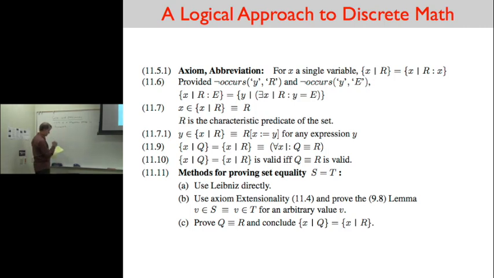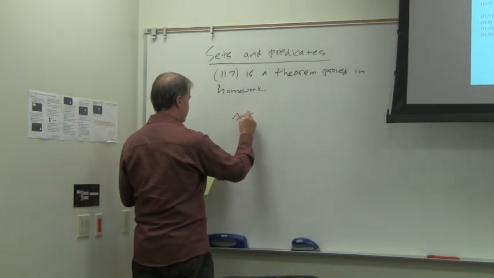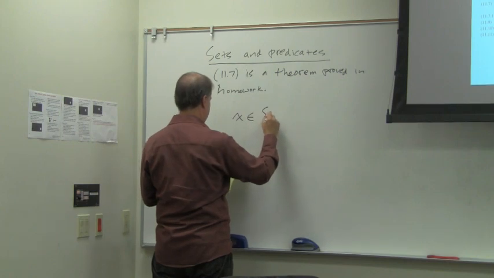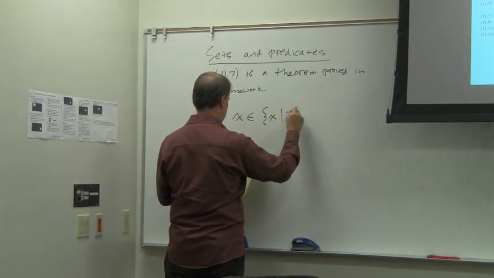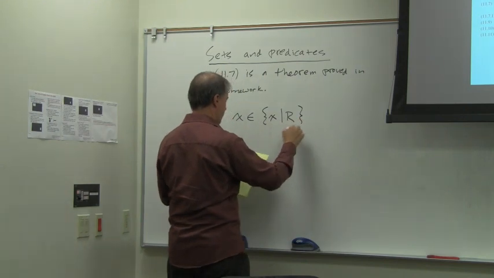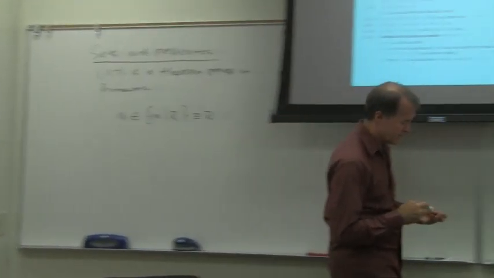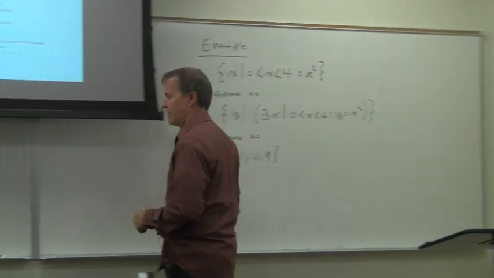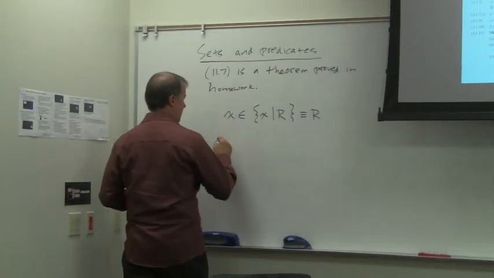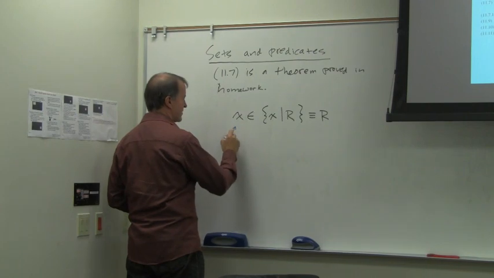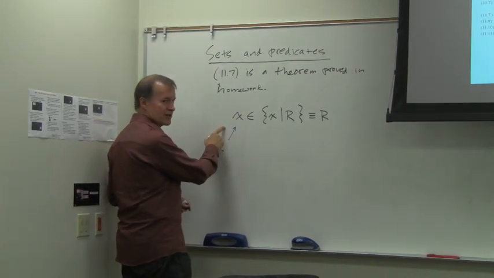All right. Now here's the thing that's confusing about 11.7, which is why I have 11.7.1 in our equation sheet. Let's write it down. It's, look, x is an element of the set over x, range R, and now we're using, without the body, equivalents R. Is this x bound or free?